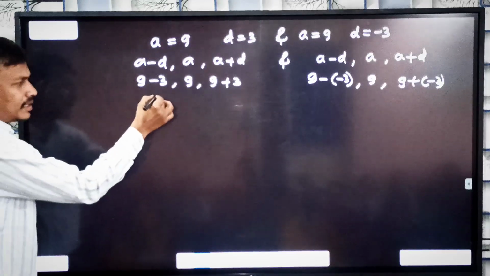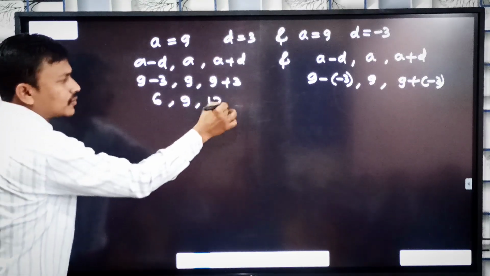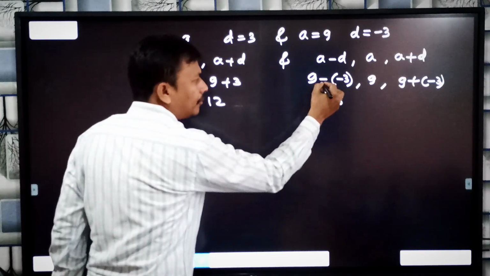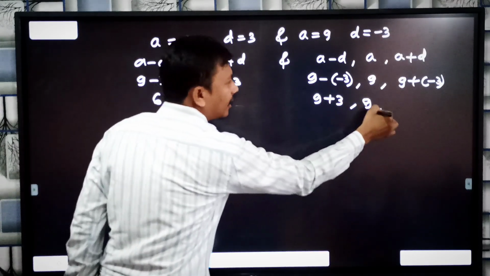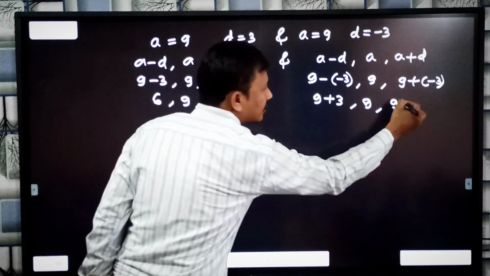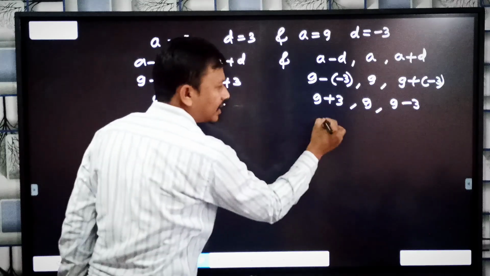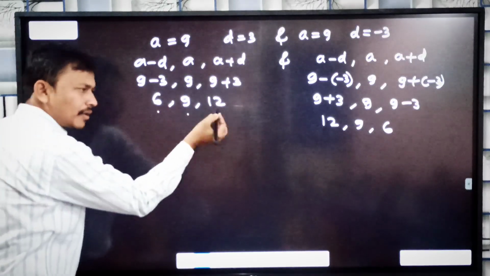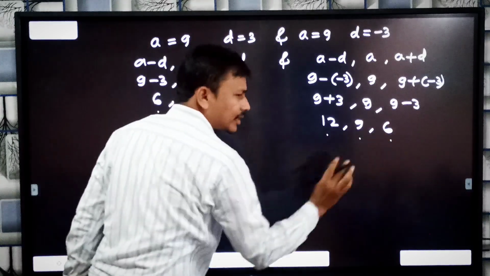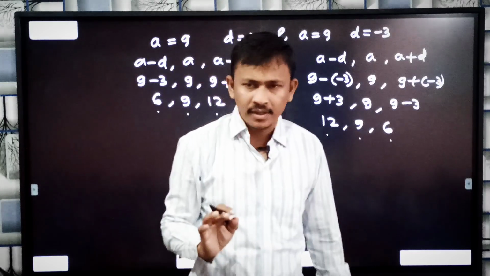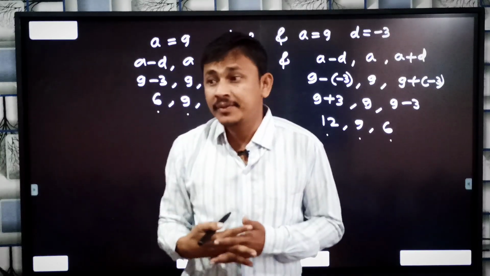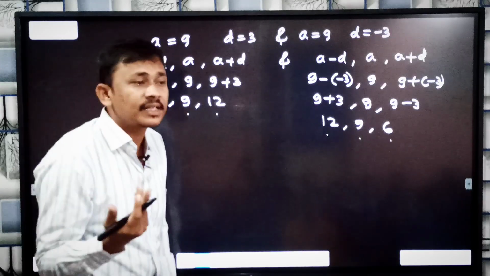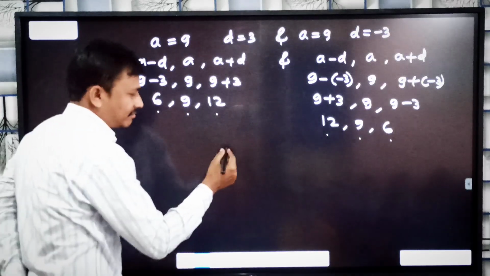Then 9 minus 3 is 6, 9, 12. Next, minus into minus is plus 3: 9 minus into minus plus 3, 9 plus into minus, minus 3, 9 plus 3: 12, 9, 6. Look, 6, 9, 12 is the same as 12, 9, 6. Understood? Next, we have to do the sum.